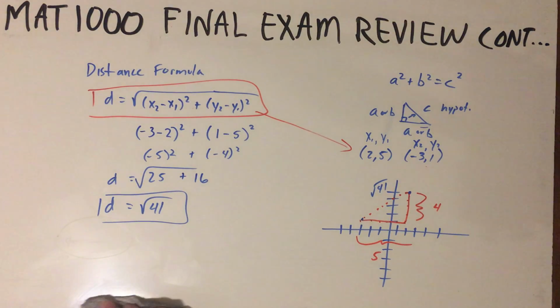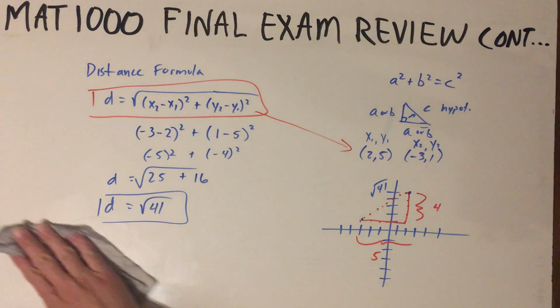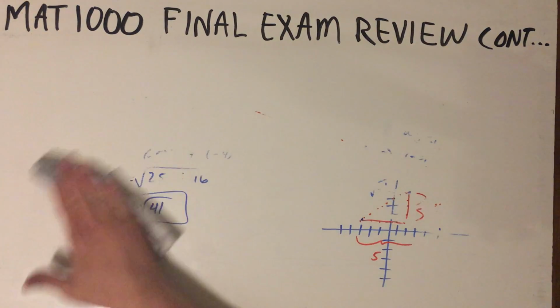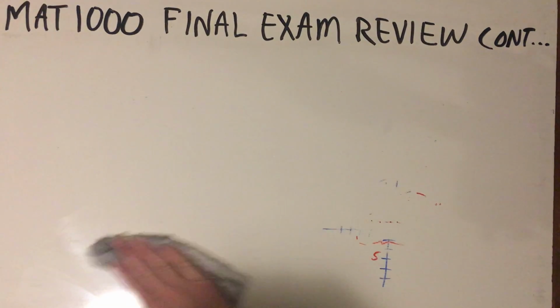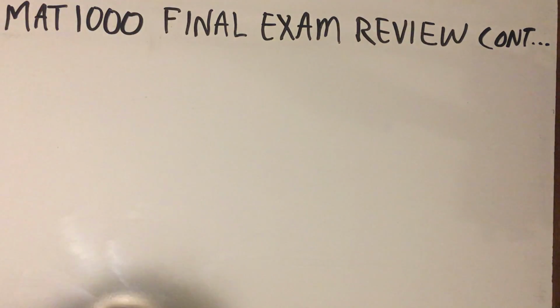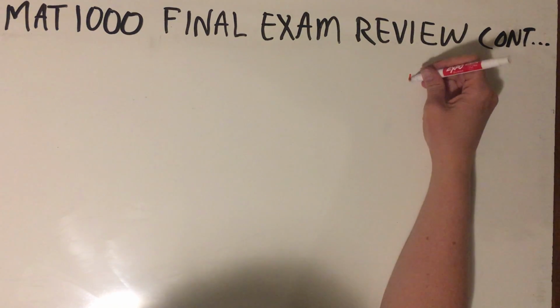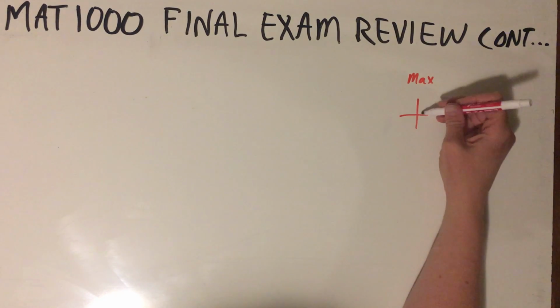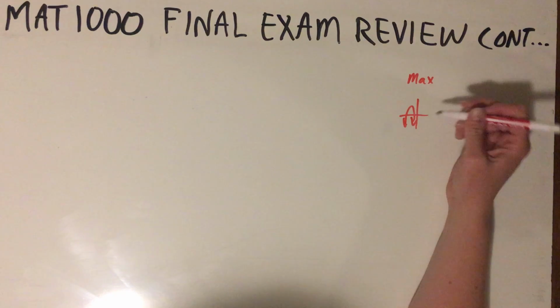The next thing I would like to talk about is if we have functions. For instance, we talked about maxes and mins, and how maxes and mins are vertex points. So we have a max if we have a parabola that opens downward.